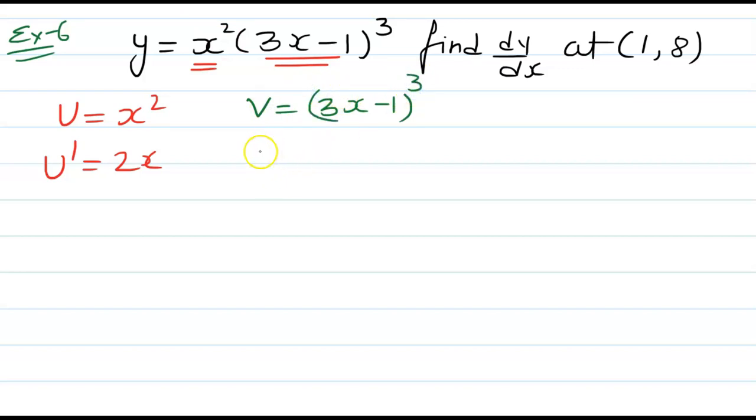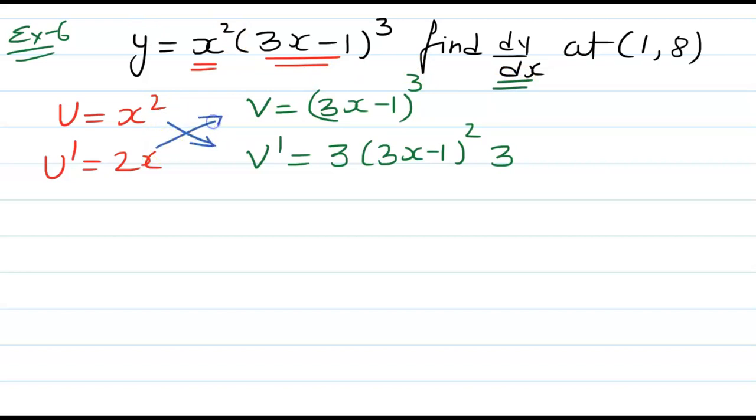Again we need to apply the chain rule here. Suppose this is u to the power 3, so it will be 3u square, where u is basically 3x minus 1, so (3x minus 1) to the power 2, and the differentiation of 3x minus 1 will be 3. Okay, so this is what we have done so far. Now we need to find dy by dx, same thing what we keep on doing so far.